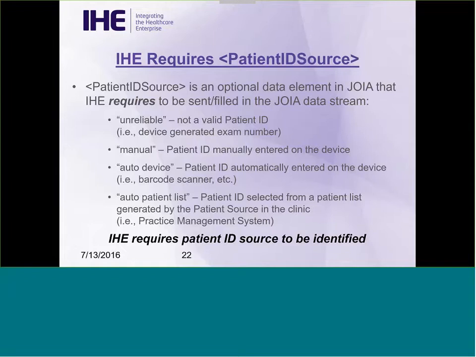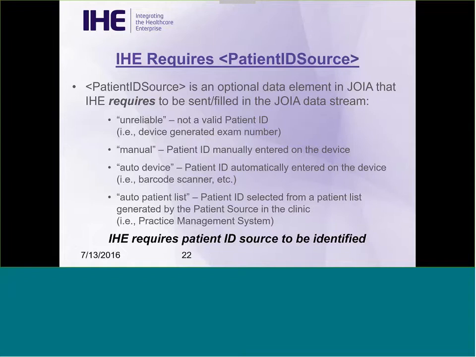What we found is that products have typically been putting in an exam number, a device-generated number, which has absolutely nothing to do with the patient ID, although it's in the patient ID field. That's a real-world practicality that was a problem, and this is part of the way to help us identify that scenario. So they are required to set it to unreliable.